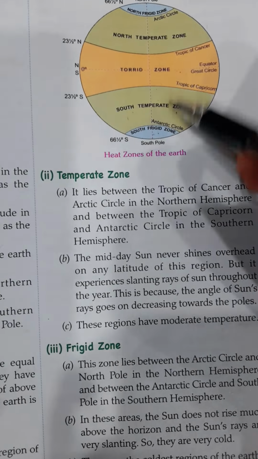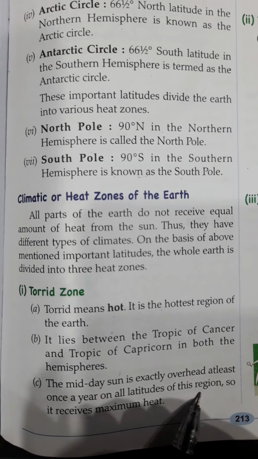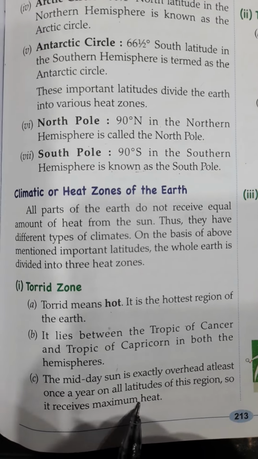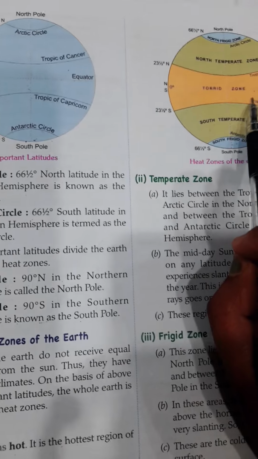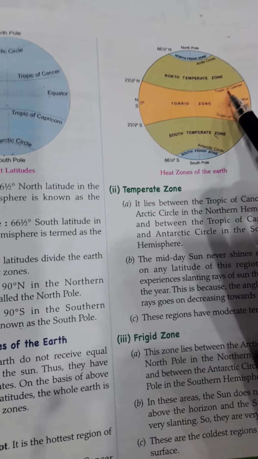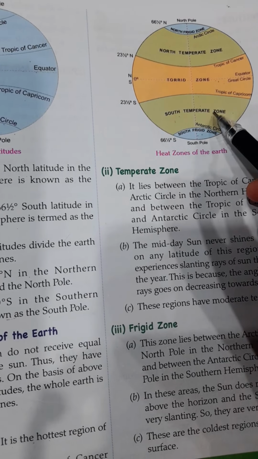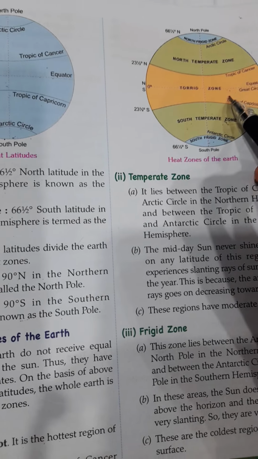The midday sun is exactly overhead at least once a year on all latitudes of this region, so it receives maximum heat. Students, just understand, the part of the earth lying between the Tropic of Cancer and Tropic of Capricorn on either side of the equator is called the torrid zone.